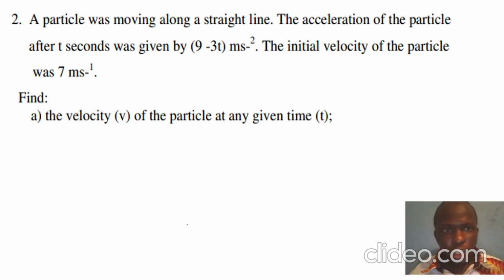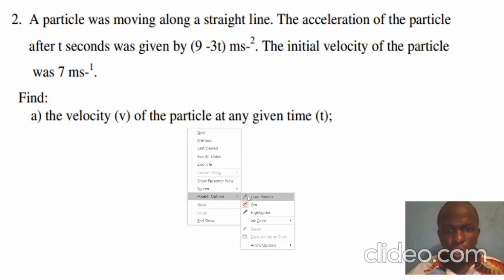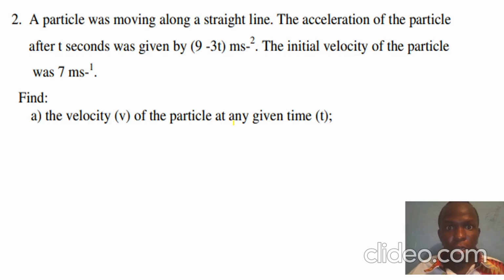The acceleration of the particle after t seconds was given by 9 minus 3t meters per second squared. The initial velocity of the particle was 7 meters per second. Find the velocity of the particle at any given time.